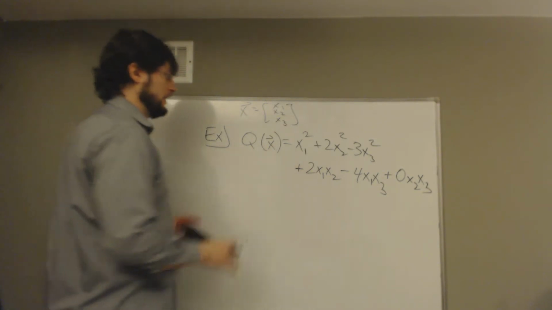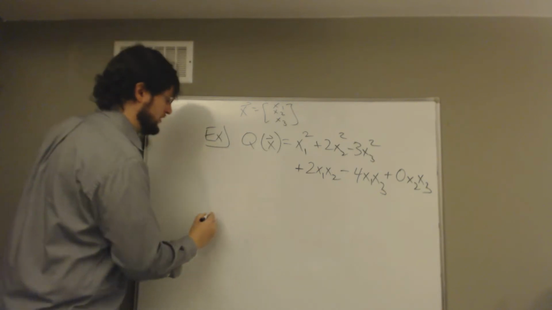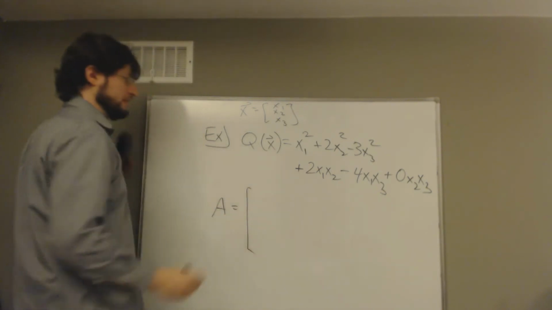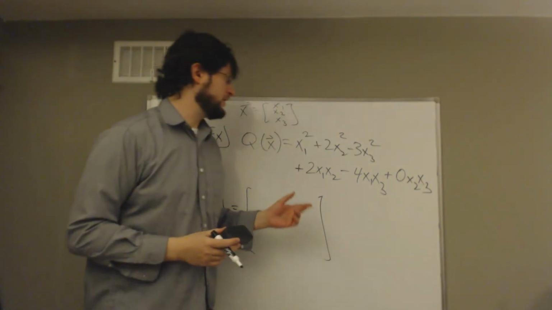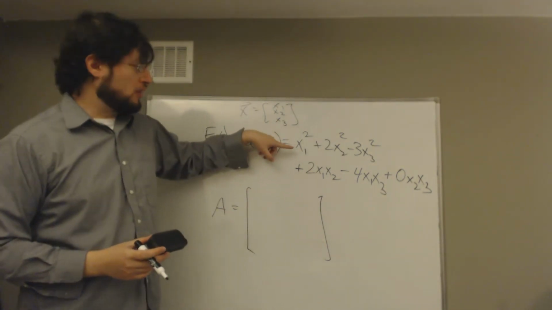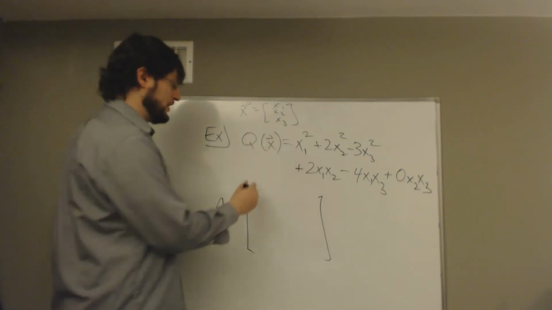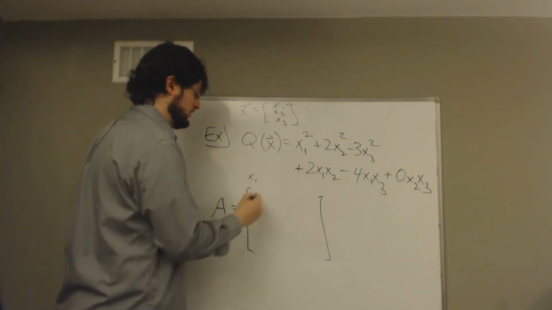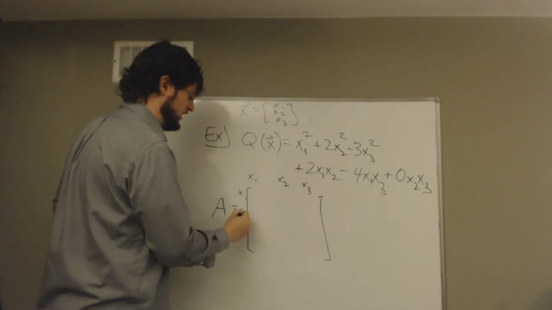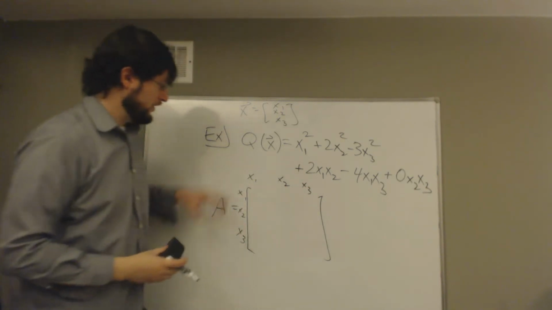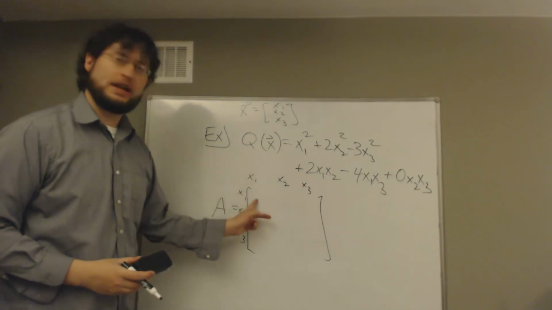And what's our matrix? What should our matrix look like in this case? All right, so let's see what happens. As before, we're thinking about this as being column x1, x2, x3, and then row x1, x2, x3. So if we put these together, this is x1, x1.